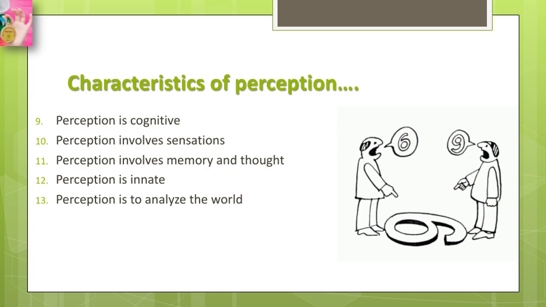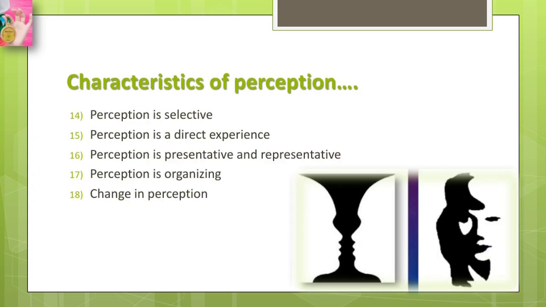Then perception is selective, because perception is highly selective. Many stimuli act on our sense organs, but we do not respond to all of them, and all of them do not excite our sense organs, and we have to select some of them, which is the process of selection in perception.